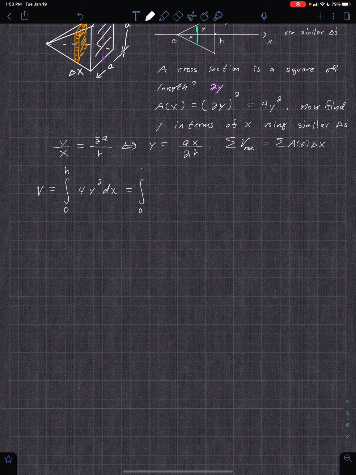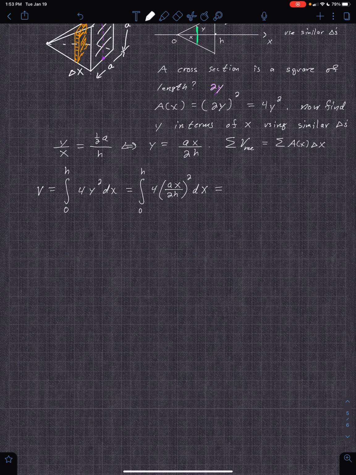So it's 0 to h, and then y is ax over 2h, squared, dx. And so we can simplify that, and your a and your h are constants, so you can just factor those out. Notice here, that's a 2 and a 2, so the 4 is gone because of that.